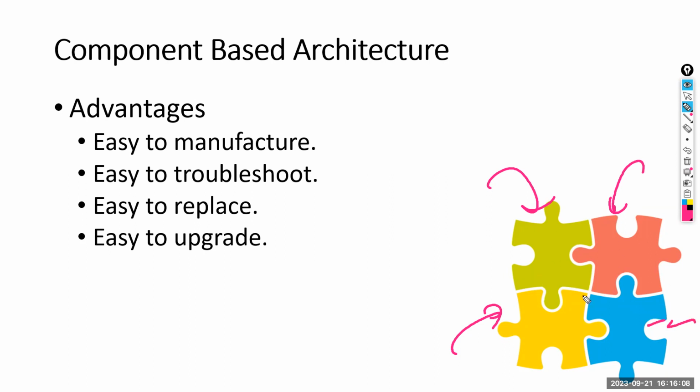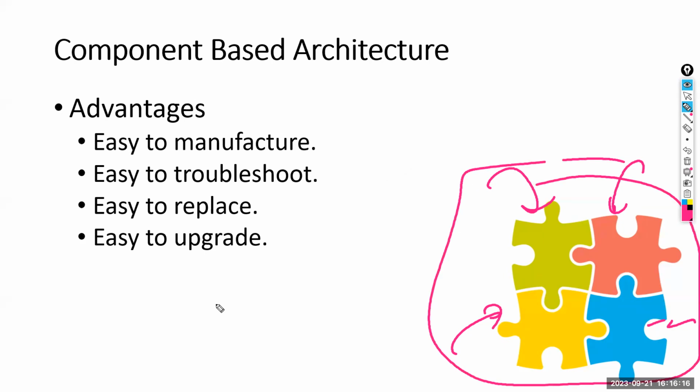And the motherboard is capable of holding these things together. So then we say, yes, we have the computer. So this is called what? Component-based architecture. We have standard components which interoperate.